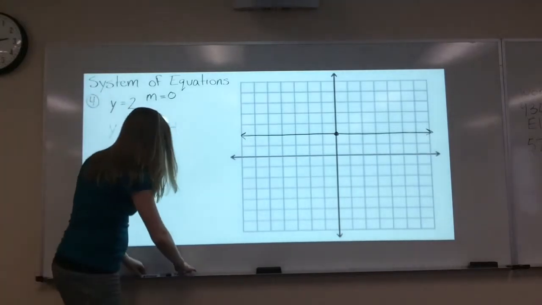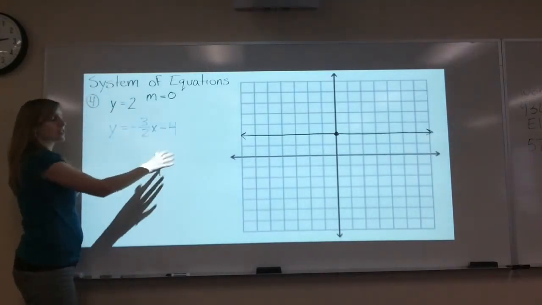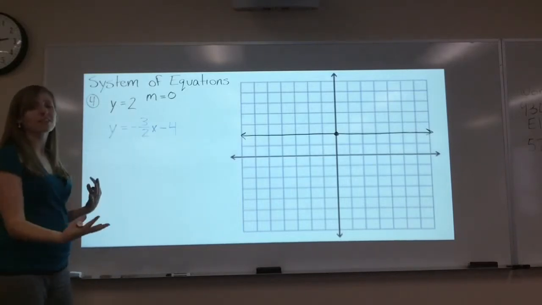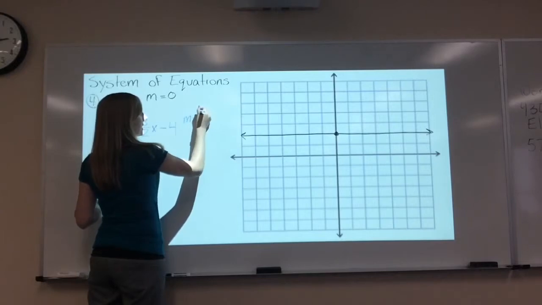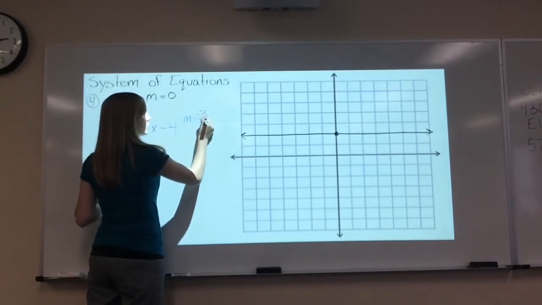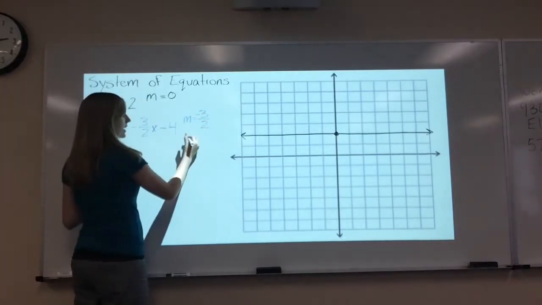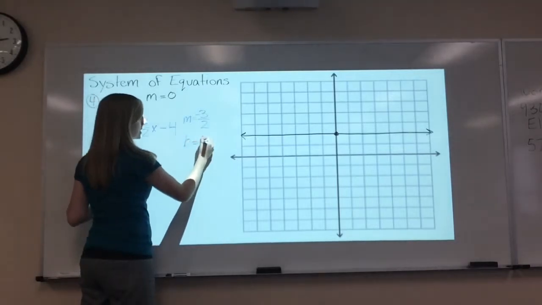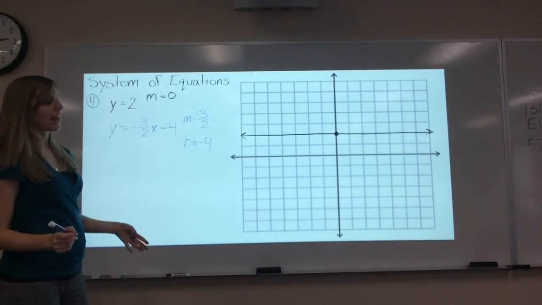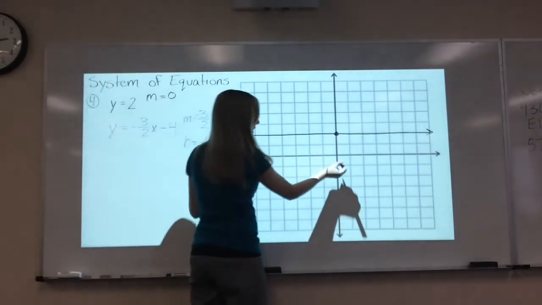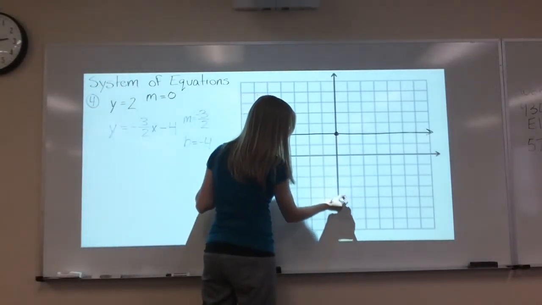All right, for our second line, this does have a slope and a y-intercept, so I can graph this just like the others. My slope is going to be -3/2. Our y-intercept is -4. So to get to -4 on the y-axis, we must go down 4 places, put our point.